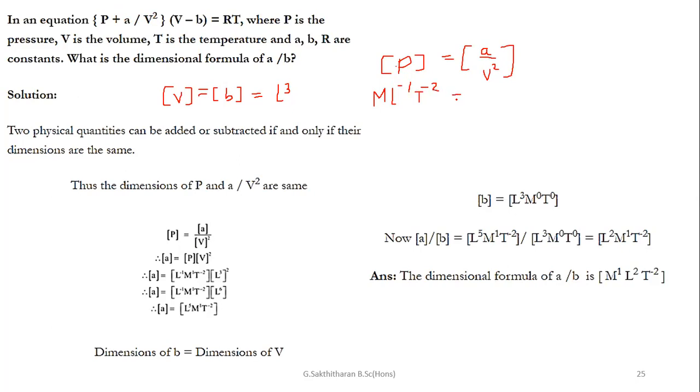And also dimensions of A. Here volume squared means L to the power 3, all squared, means L to the power 6.